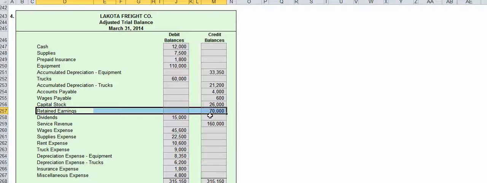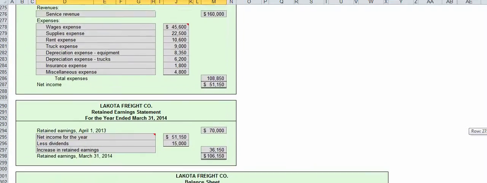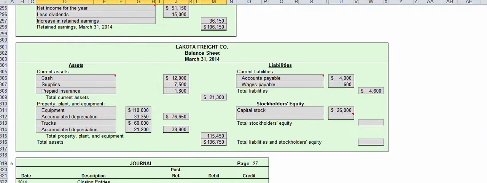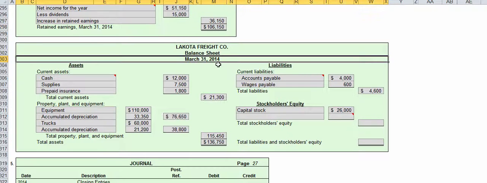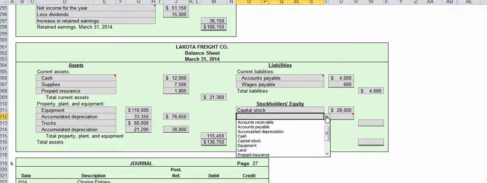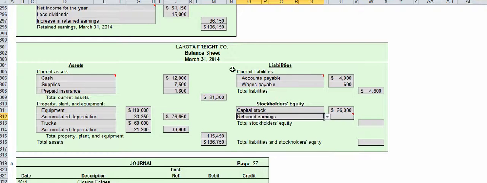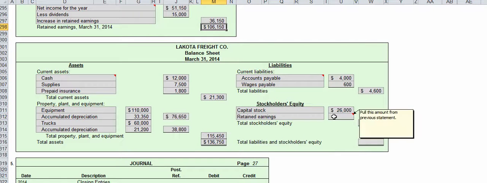But remember, that was our balance to start the year. This number has not been updated for the current year's net income and dividends. So we want to pick up our retained earnings number from here. We want retained earnings as of March 31st, 2014. It matches our date on the balance sheet. So we want to pick up retained earnings, $106,150.